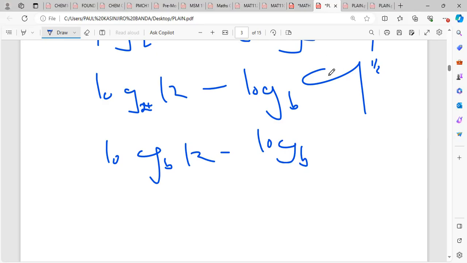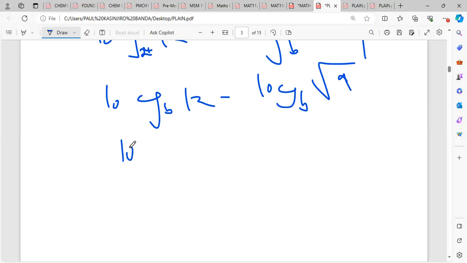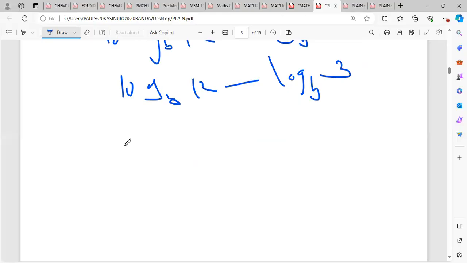So 9 to the power 1/2 is the same as square root of 9, and we know that the square root of 9 is simply 3. Meaning this one will be log base 2 of 3.